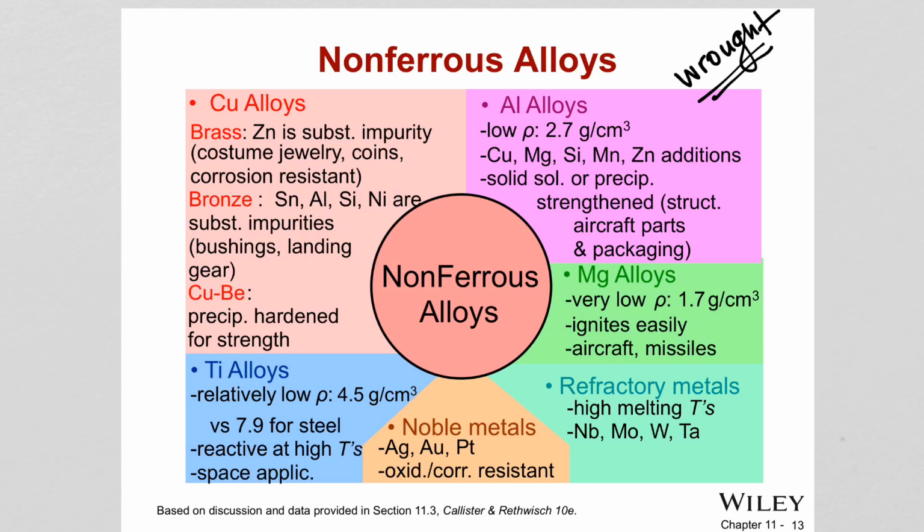I will send you a video about the precipitation hardening of aluminum alloys and how it increases the strength, and therefore they can be used in aircraft as aircraft parts, because this will give them strength besides the low density.